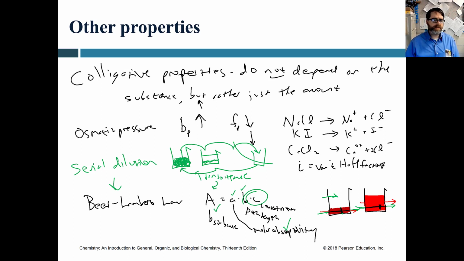The last thing I'll point out is something I failed to mention with the colligative properties, and that is colligative properties, because they don't depend on the substance, but instead just the amount of the substance.